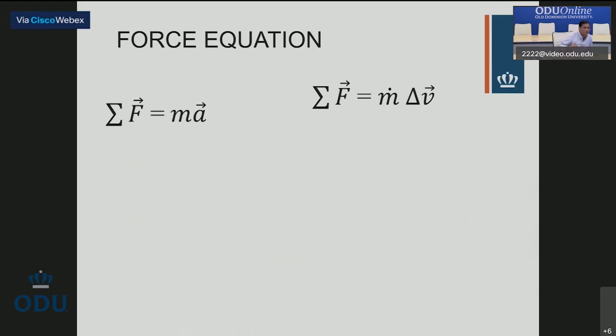It's the change of momentum, because m dot delta v is the change of momentum. M dot times v is momentum. So when I have a delta v, if I split it up into v2 minus v1, I'll have m dot v2 minus m dot v1. Those two are momentums. So once they change, it gives you force. So the delta t is the one that is extra. You shouldn't have the delta t right there.